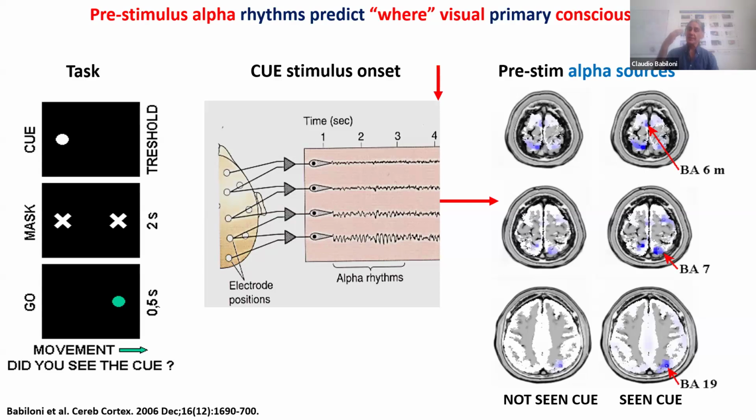So the fluctuation of the vigilance during the pre-stimulus period was important to the visual primary consciousness when the cue stimulus was given.